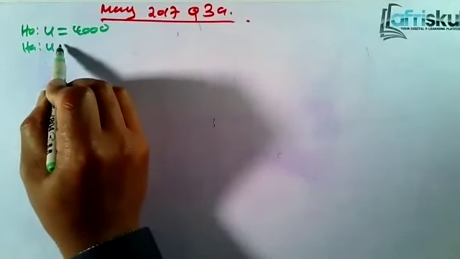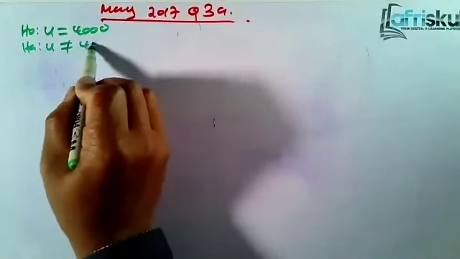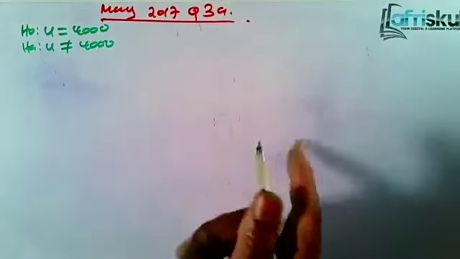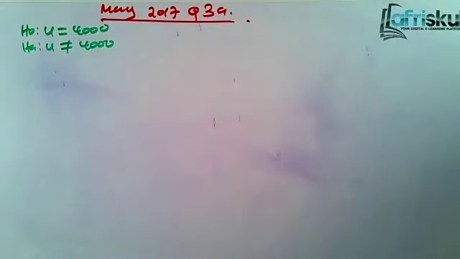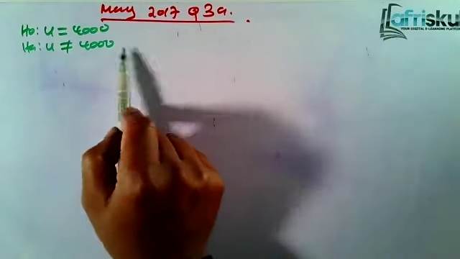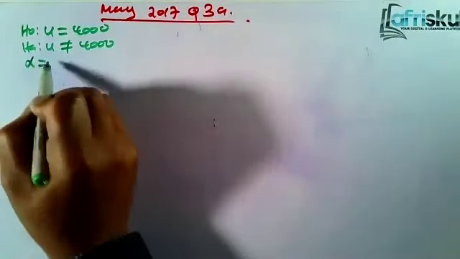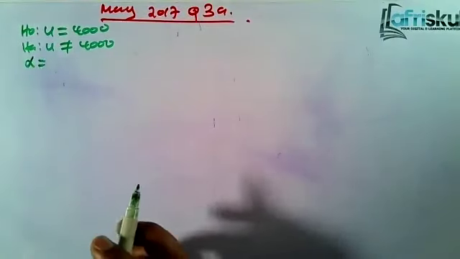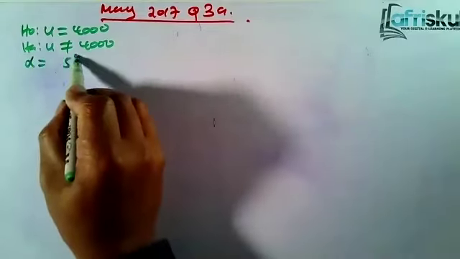U is not equal to 4,000. You see, in this case, we're not told, is it greater than or less than? Kama hawajasema greater than or less than, unasema it's not equal to that. And then, alpha, tumeambiwa at 5% level of significance.